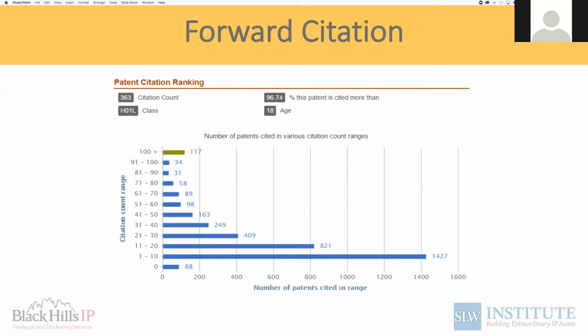In this case, what we're looking at is a bar graph showing, for a particular technology class and a particular age, so essentially filing year, group of patents, the distribution of those that have a certain count of citations.